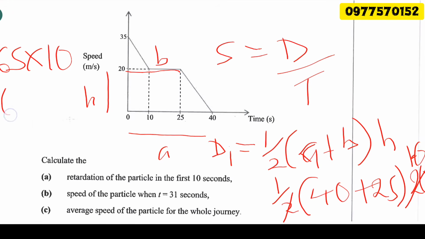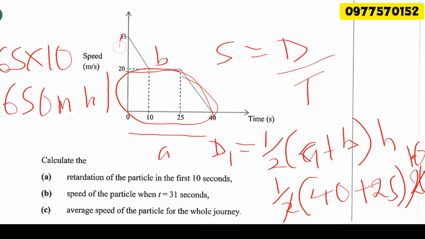So we find 650 meters. This is for this distance. So you need also to find this distance there. Are we together? So this is 650 meters.